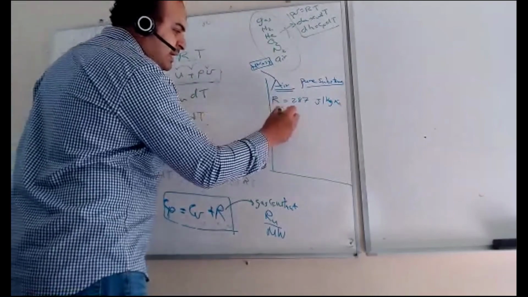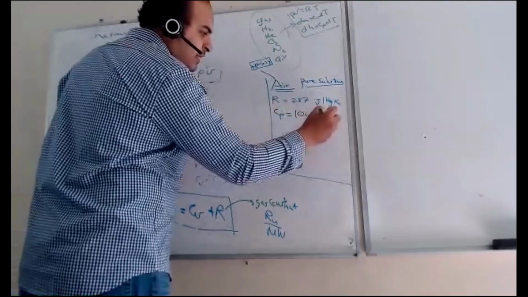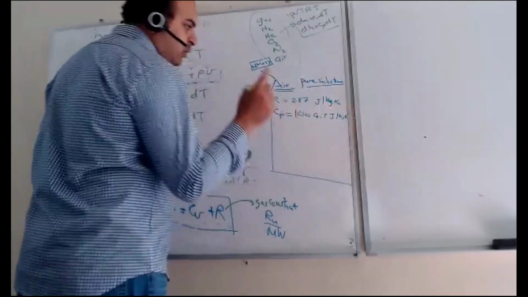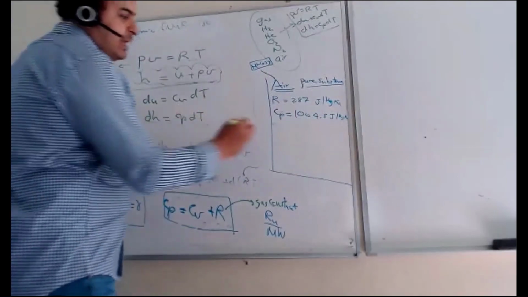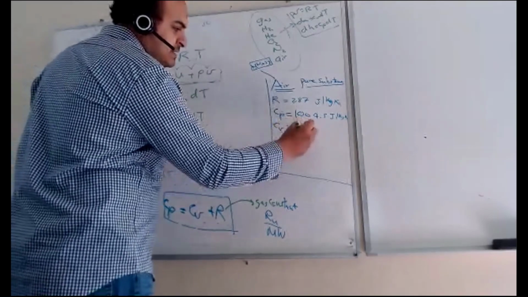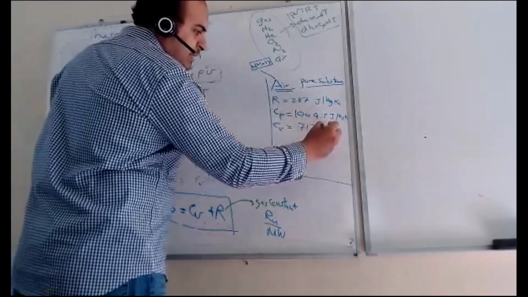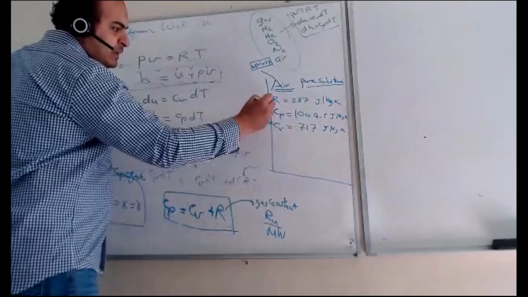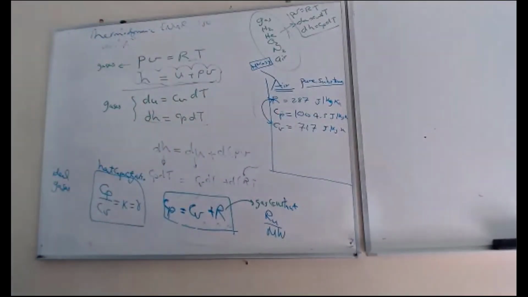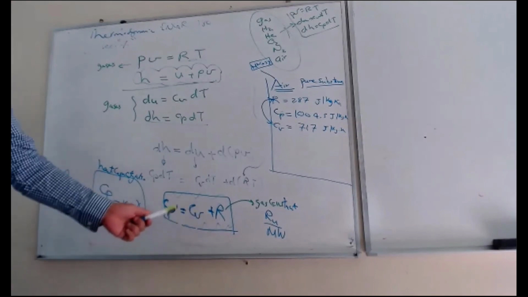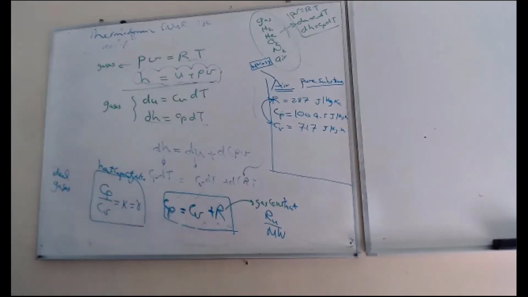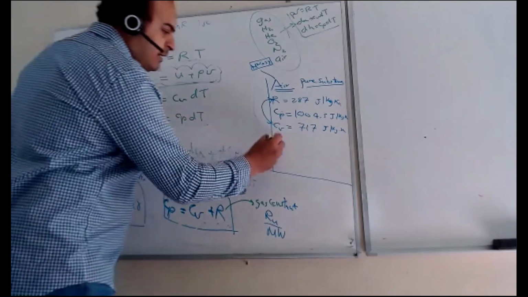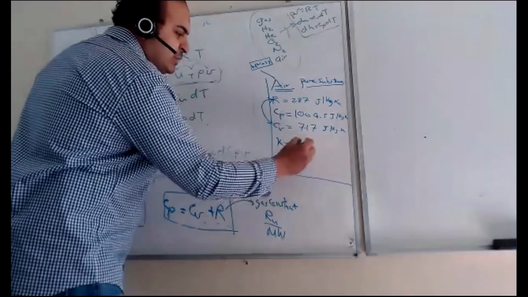It has Cp equal 1004.5 joule per kilogram Kelvin. Go to table A2. Cv is of course about 717 joule per kilogram Kelvin. So if you notice, Cv plus R equals Cp. If you add Cv plus R, it will be approximately Cp. Is it clear? So if I give you two of them, you can get the third one. K for air, or gamma, the specific heat ratio, is 1.4.